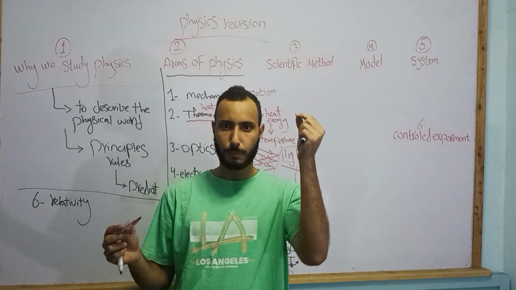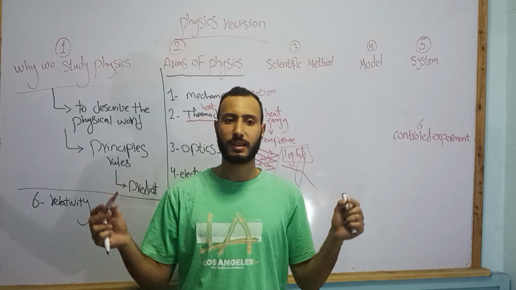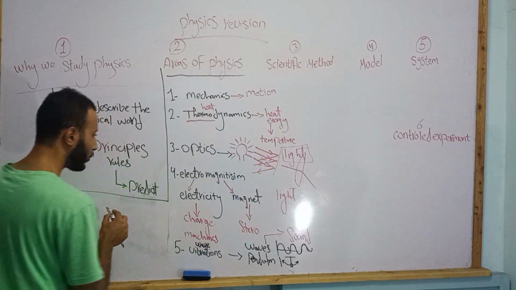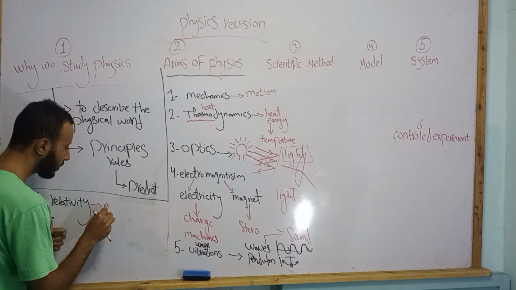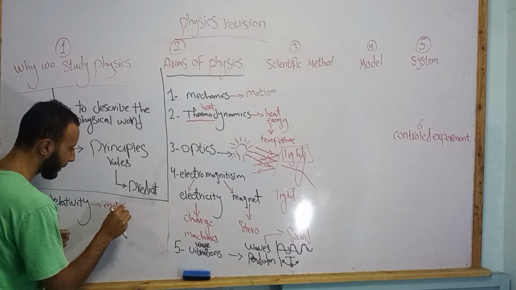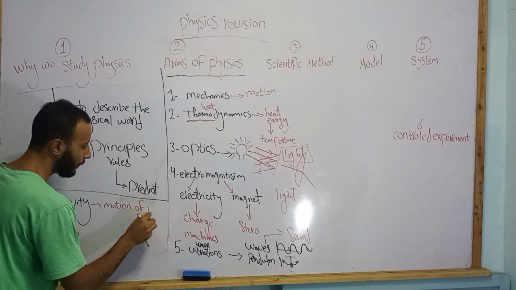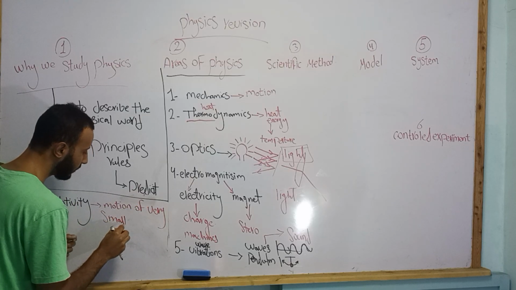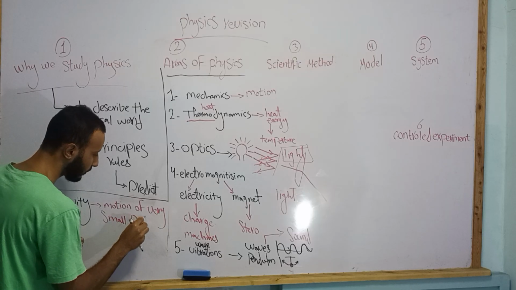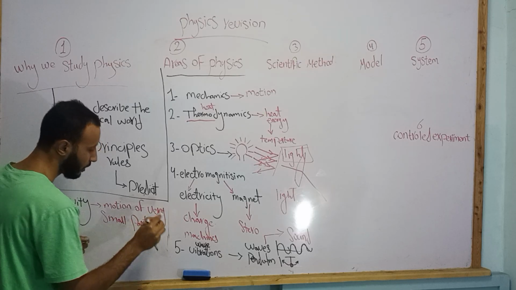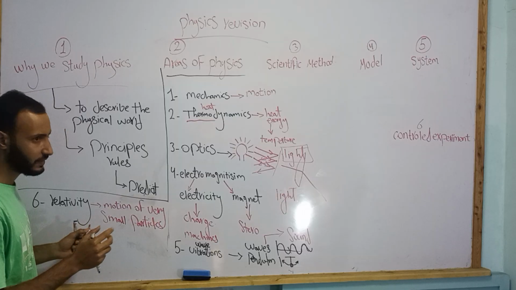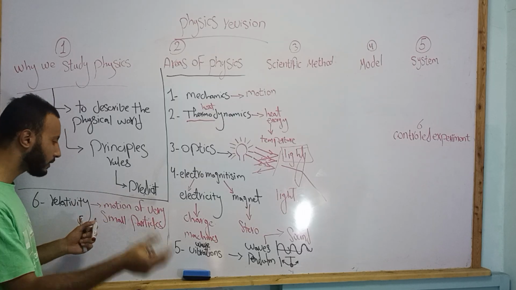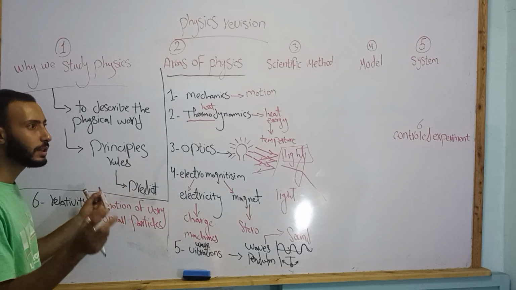So these very small particles, we always study their motion in relativity. So relativity is associated with the motion of very small or tiny particles, like proton, neutron, electron.